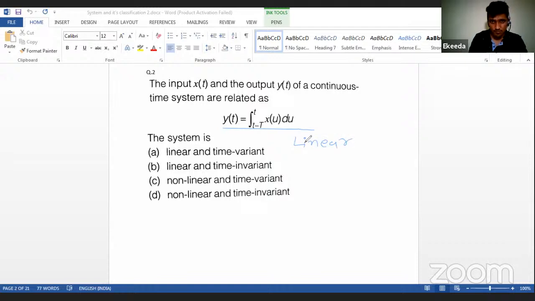A linear system will follow two things. One is superposition. Another is homogeneity.